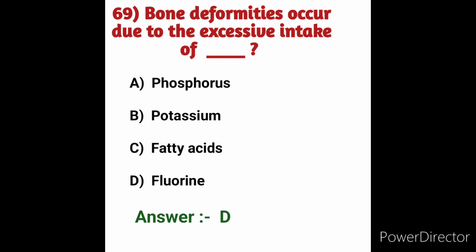Fluorine is a highly reactive chemical element with high toxicity. For example, the condition skeletal fluorosis is a serious condition of bone deformities, and osteosclerosis is also an example. Option D is the correct answer, fluorine.